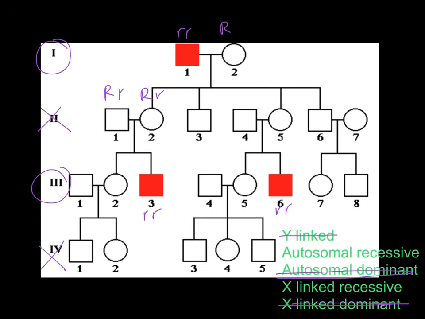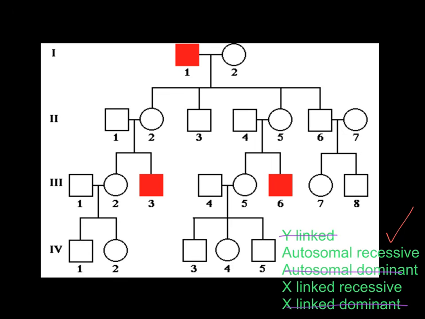And if their parents were heterozygotes, then that means that we see a heterozygote here and here. And it doesn't even matter what this mother has. This is a completely possible scenario where all of these children could come from these two parents. Therefore, we can say that autosomal recessive is a possible mode of inheritance for this pedigree.